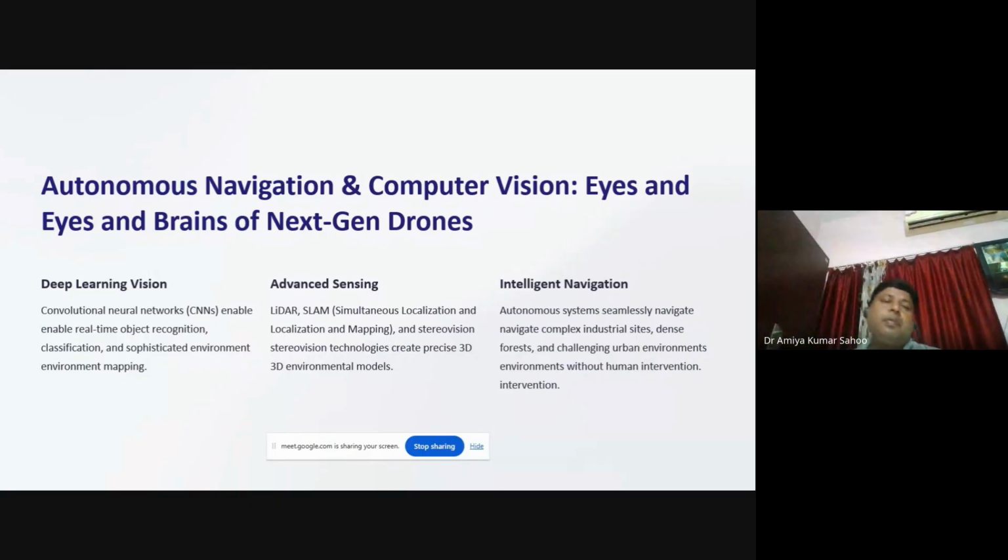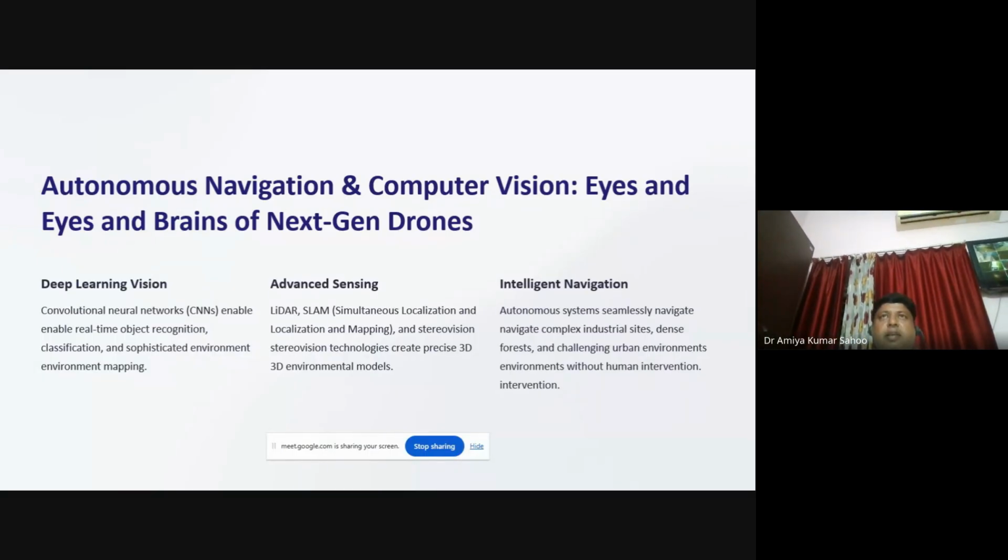We know deep learning is a subset of machine learning, and machine learning is a subset of AI. Deep learning vision uses convolutional neural networks, which enable real-time object recognition, classification, and sophisticated environment mapping.